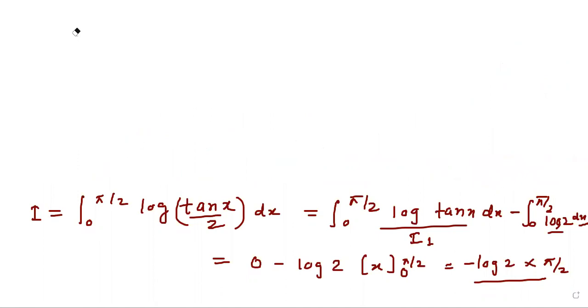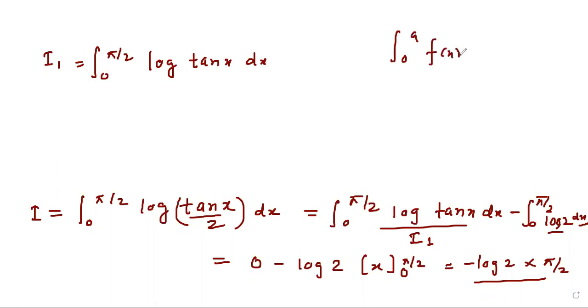We consider I1. I1 equal to integral 0 to pi by 2 of log tan x dx. We apply the property integral 0 to a f(x) dx equal to integral 0 to a f(a minus x) dx.